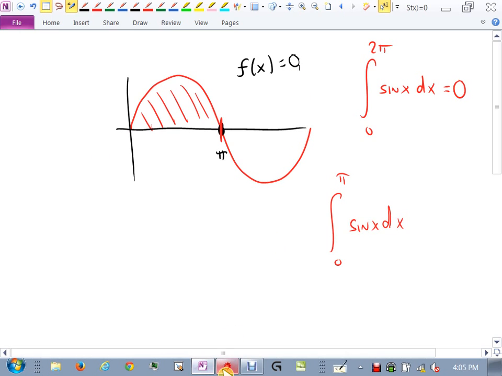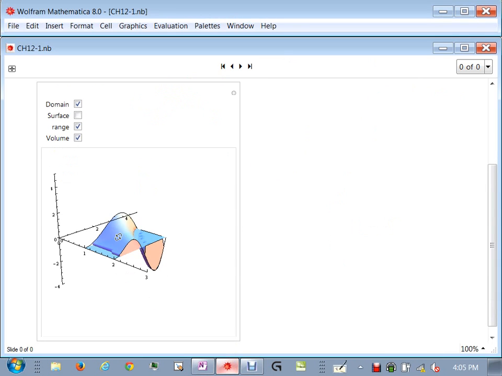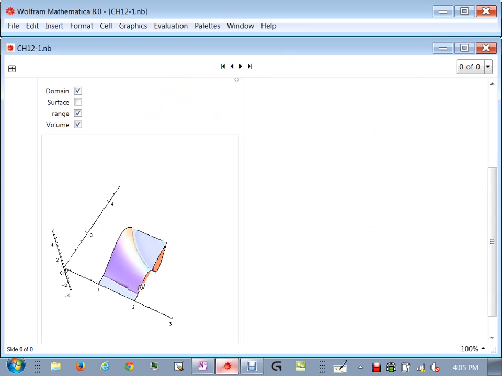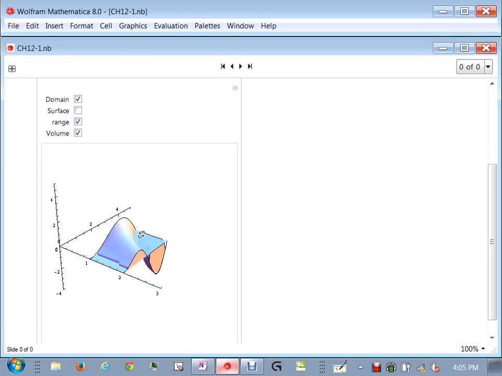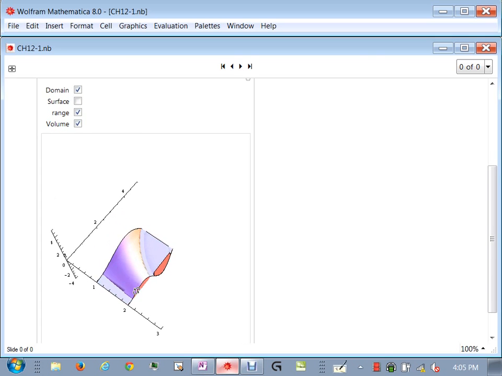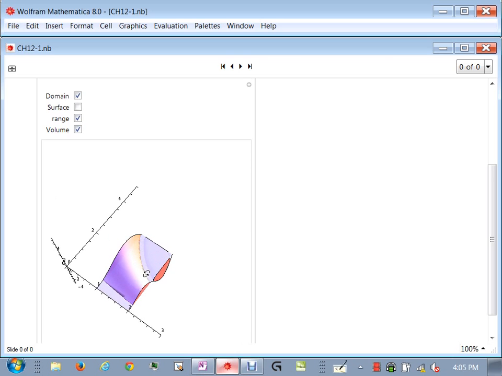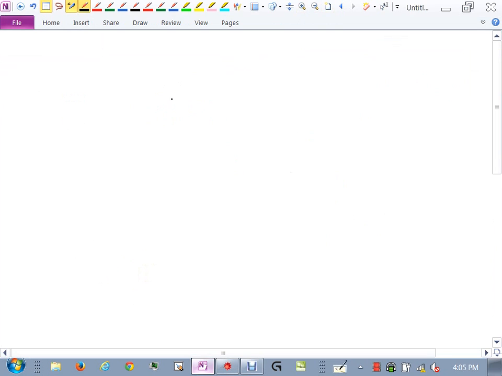So if I go back to this function here, I actually need to know where my graph hits the xy plane. And you can see it looks like a curve, doesn't it? I would need to find the equation of that curve. And then my region on the ground would no longer look like this rectangle I just had.